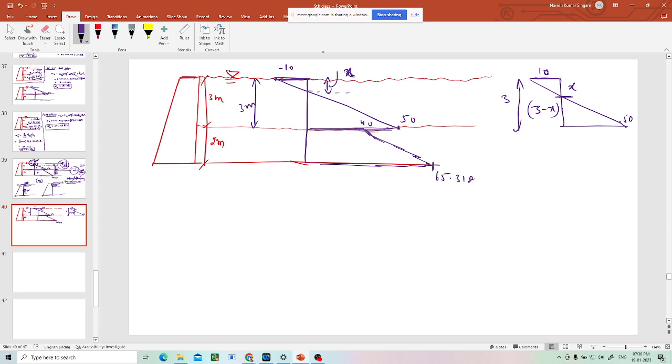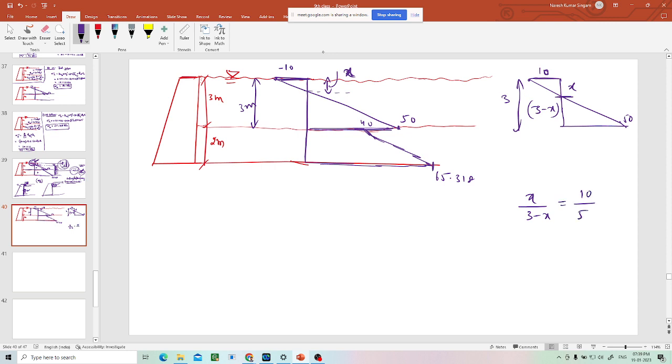How to find out x? Similar triangles. Can you tell me what I can write for similar triangles? X by 3 minus x equal to 10 by 50.